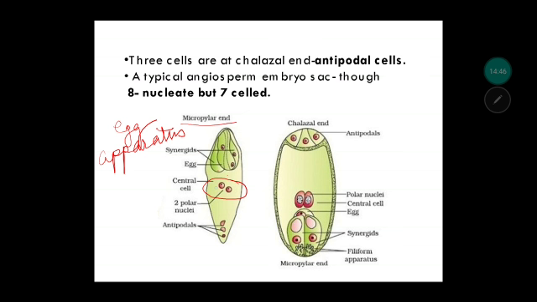No cell wall is present around the 2 polar nuclei; they are only floating in the center. At the base, the chalazal end, there are 3 cells again, which are called antipodal. Why antipodal? Because they are opposite to the direction of the micropylar end.